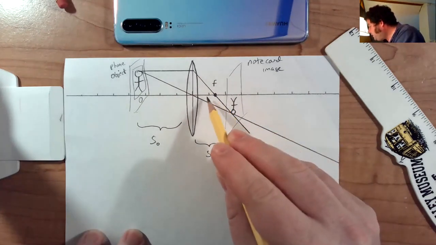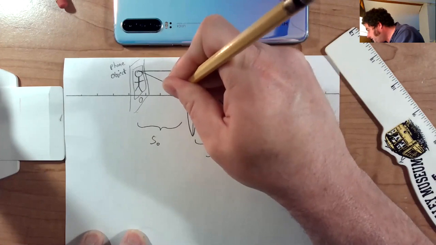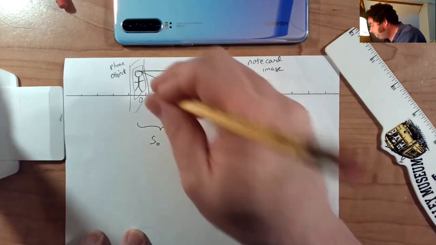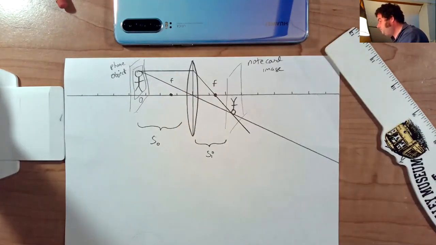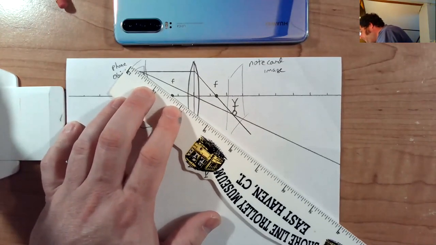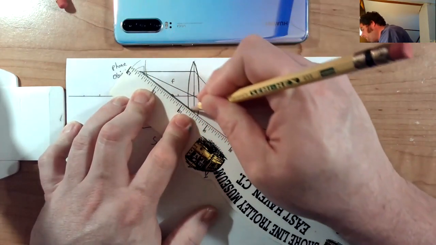So I'm going to draw the focal point just as far on this side as this one is on that side. I'm going to draw a third ray that leaves the head and hits the lens after passing through the focal point.